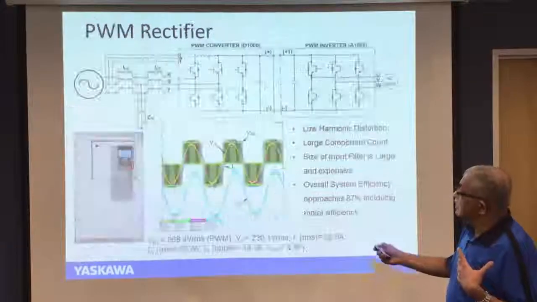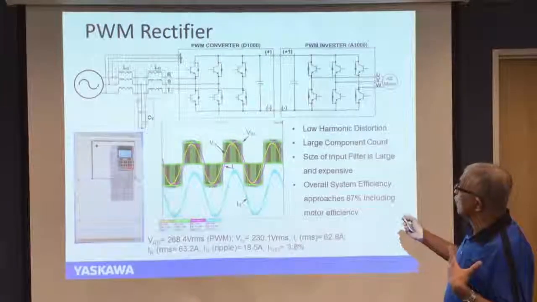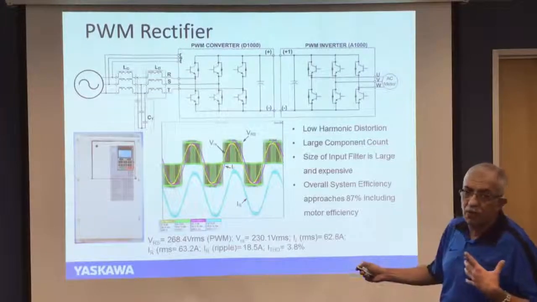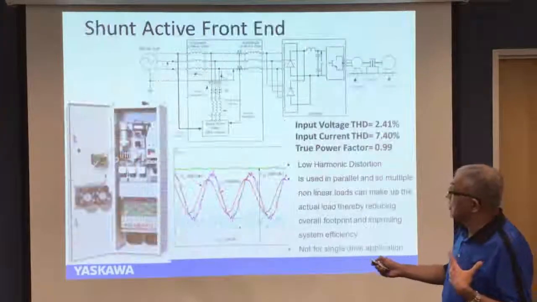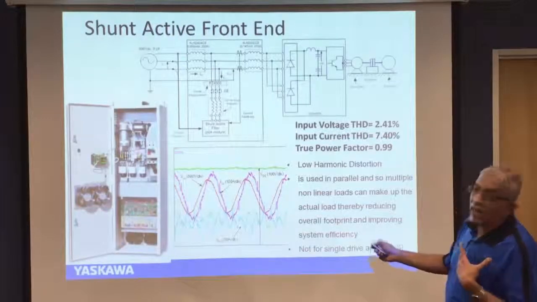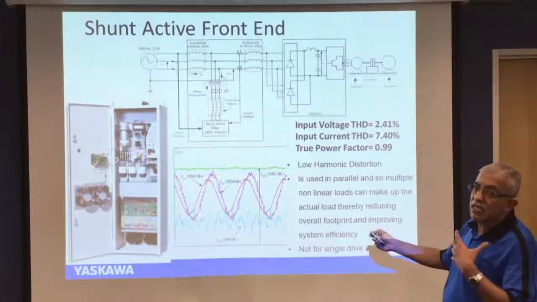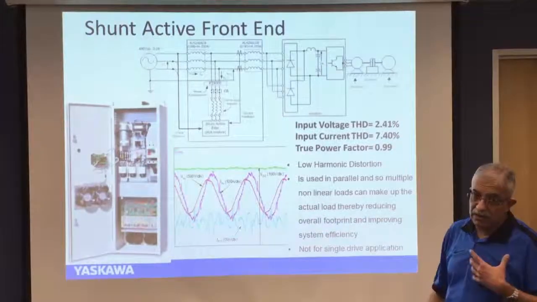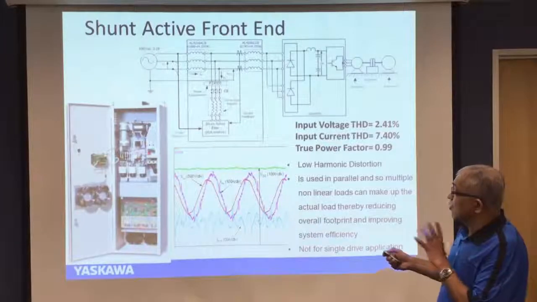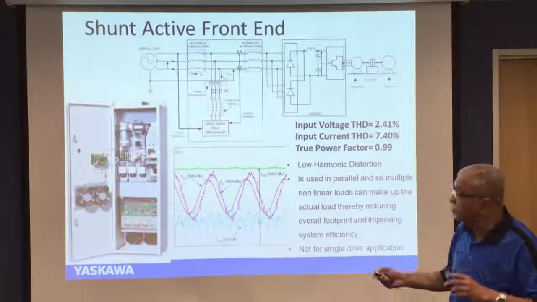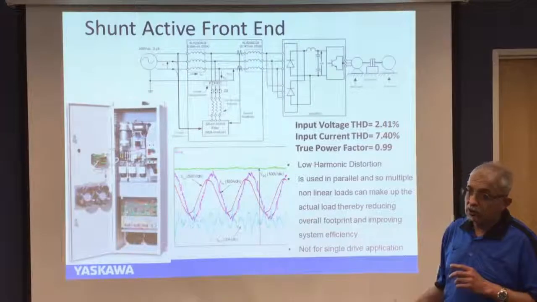Whereas if we went to this scheme, a 270 amp load would require a 270 amp filter or PWM front end here. Here only a 90 amp shunt active filter can do the same performance as a 270 amp active front end system. So this is a much more cost-effective and much more prudent way of using active topology.